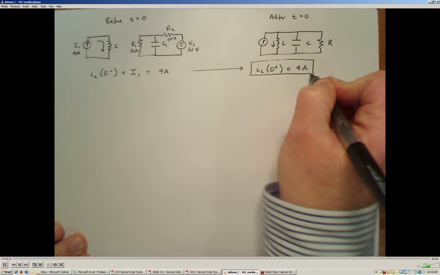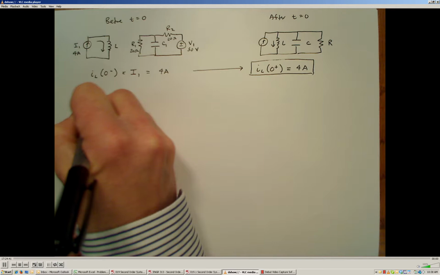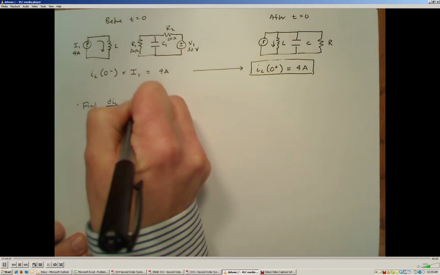Now we have to do a little more work to determine the derivative initial condition. We're looking for the rate of change of current through the inductor as a function of time, right at time 0 plus, right after the switches close.